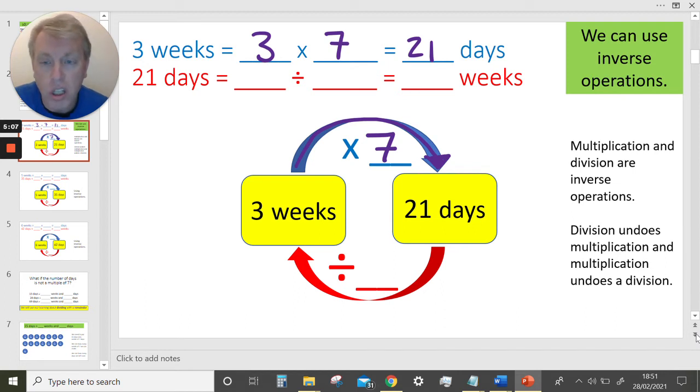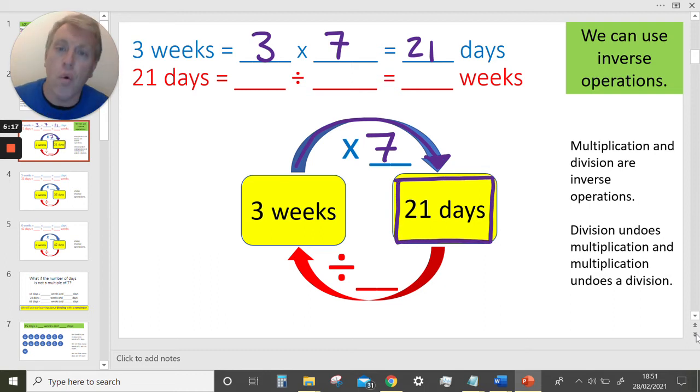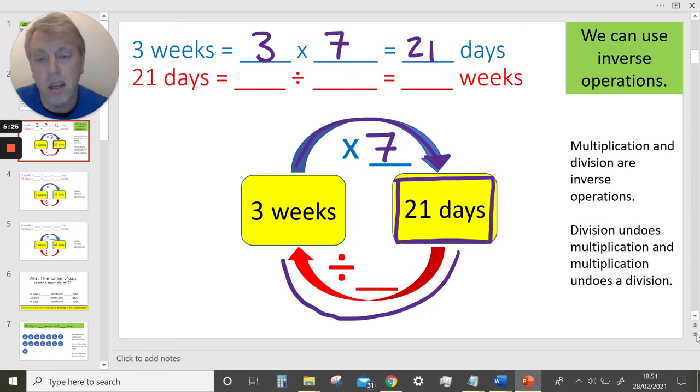So we're not doing 3 times 7 is 21. Today we're going to start with 21 days and we're going to go the other way. So not 3 times 7, but 21 divided by 7. Not times by 7, but 21 divided by 7.